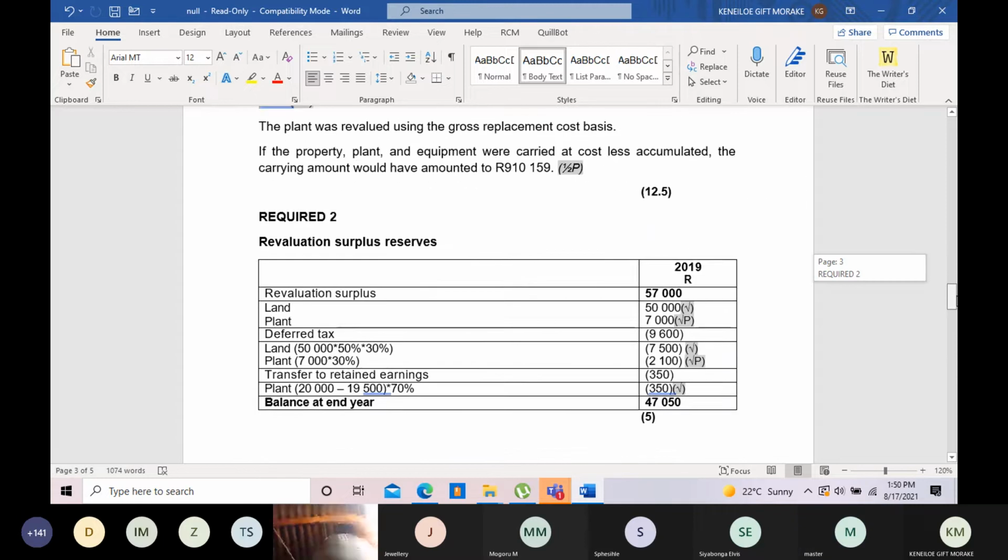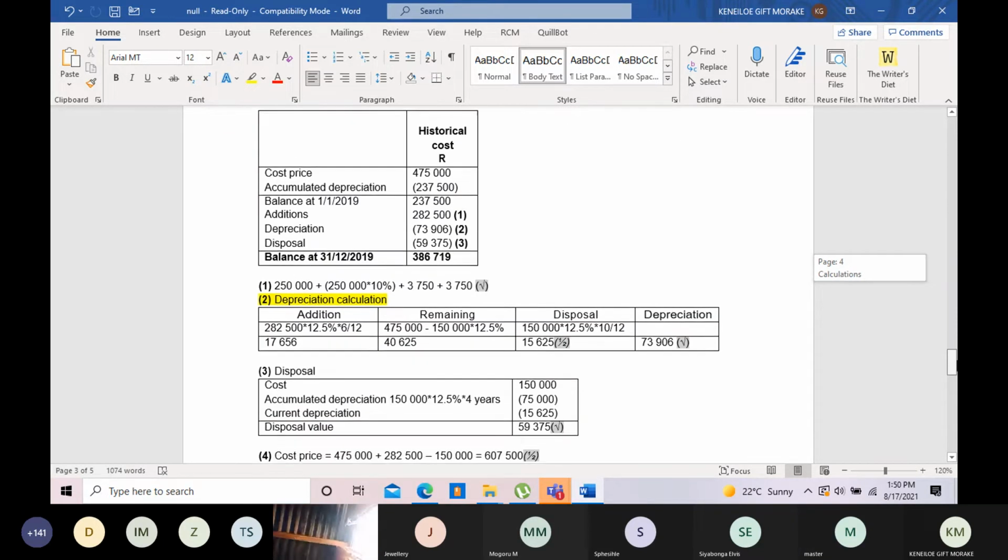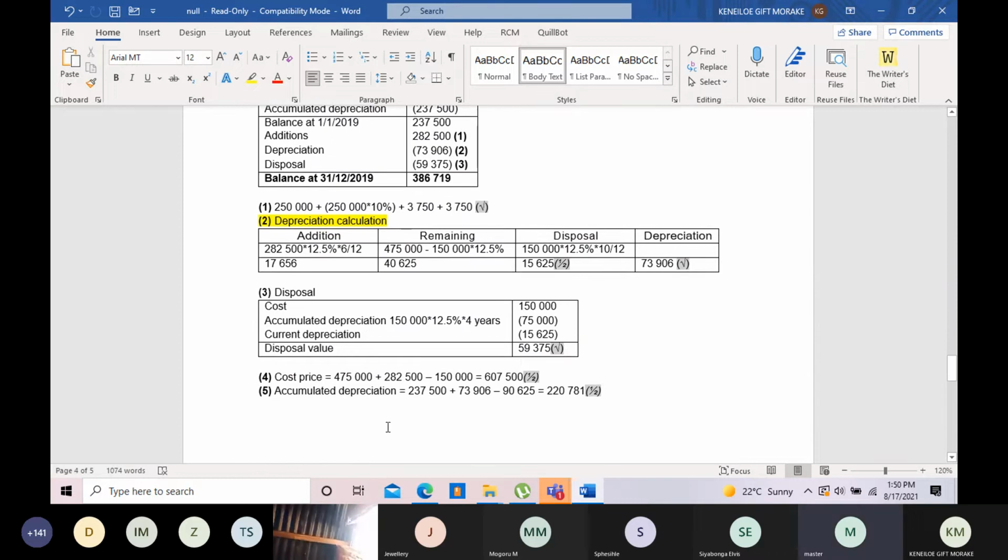You can see there is this accumulated depreciation here, where you take the 275 minus 73,906 minus 90,626. Let's go back there and check something. How did he find the cost price?